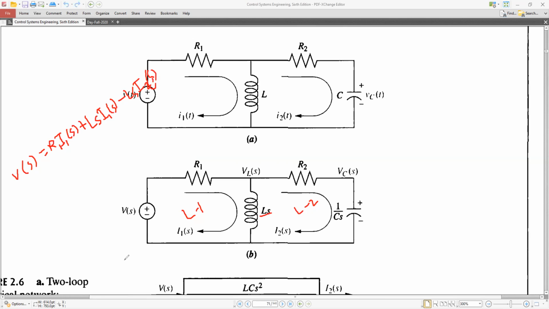That is the first loop. And the second one, for the second loop, it will be 0 here because we'll use this term inside.